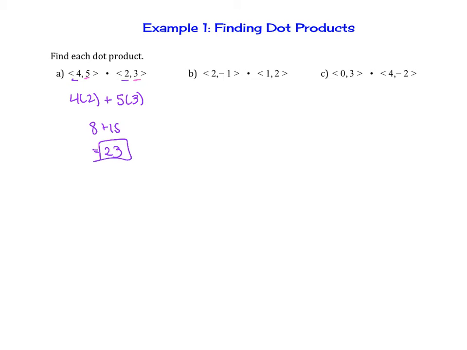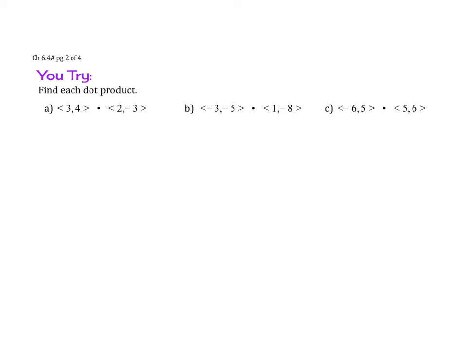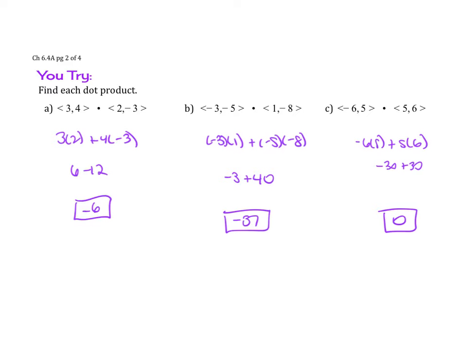For letter B, we multiply the x's: 2 times 1 plus negative 1 times 2, so 2 minus 2, or 0. Number 3 is 0 times 4 plus 3 times negative 2, so 0 minus 6, or negative 6. Go ahead and try these 3 examples. Trying this out, you would have gotten negative 6, negative 37, and 0.